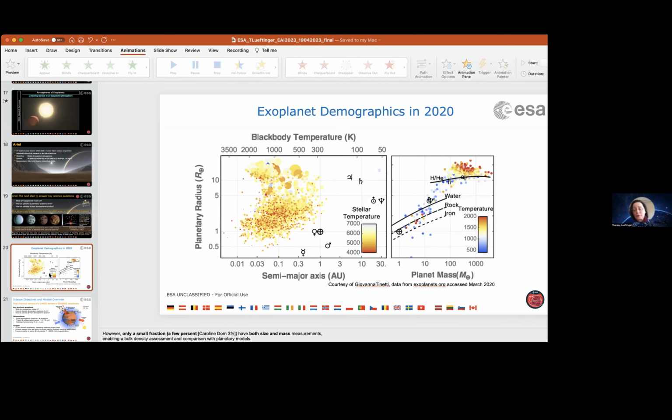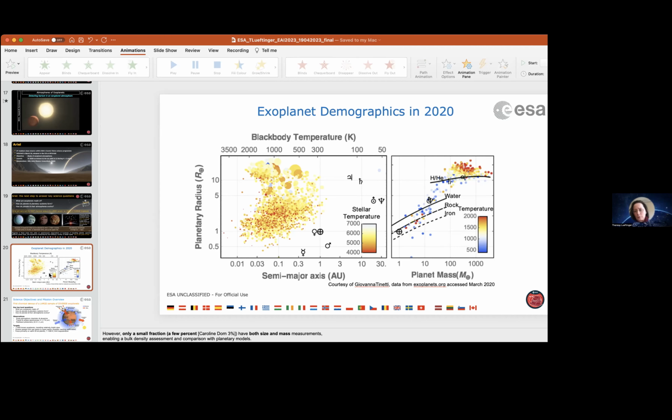So one of our motivations was that thinking about exoplanet demographics in 2020, not so long ago actually, it was obvious that we do have detections of quite a few exoplanets. It was several thousand at that point already. But we have just a little idea. We know there is an exoplanet. We might have a good idea of how big the exoplanet might be and where around the star it can be found.